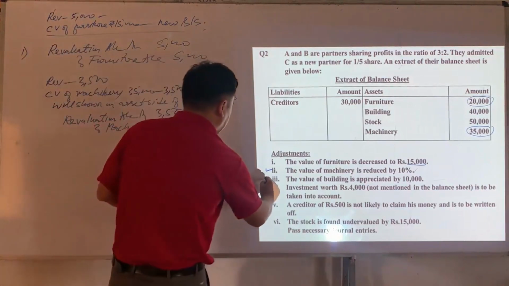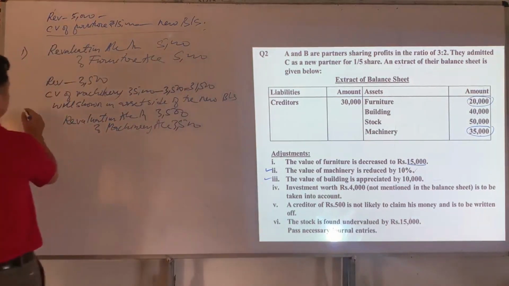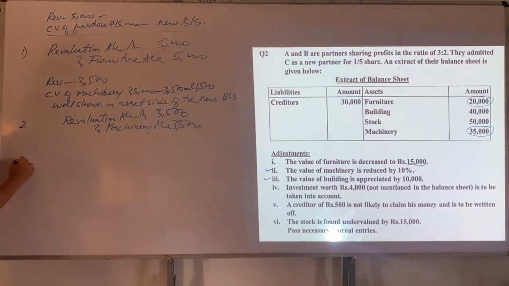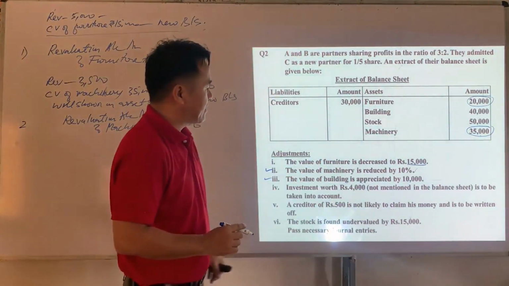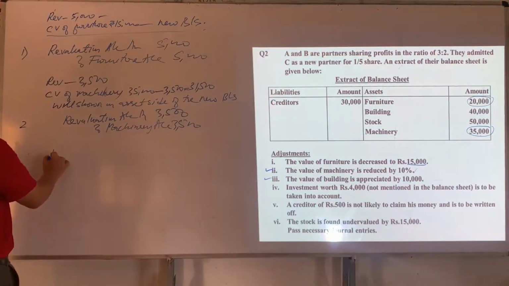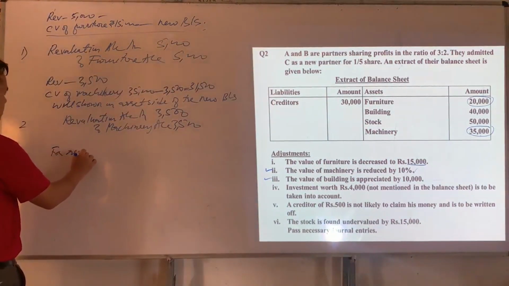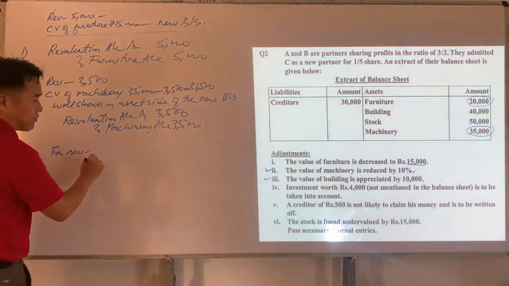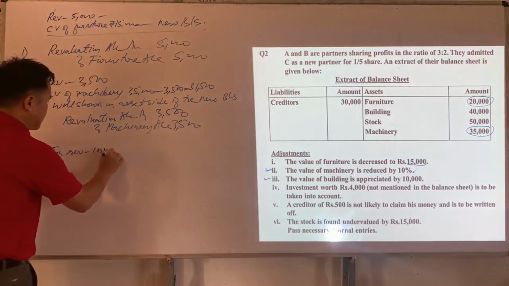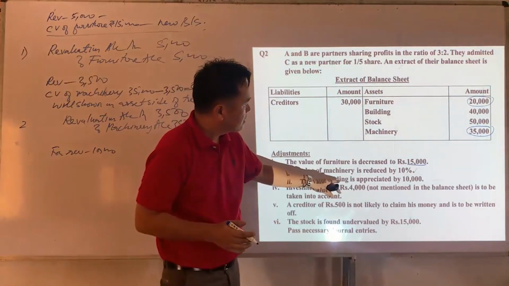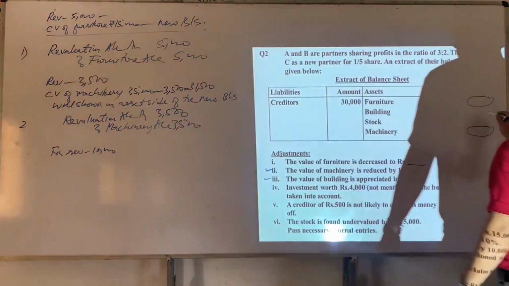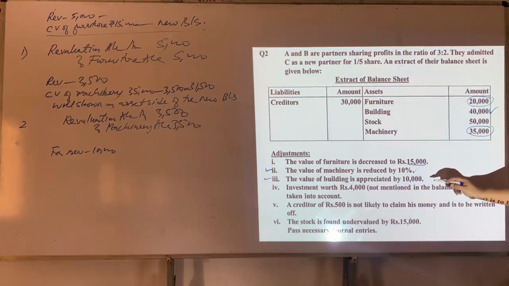Now we'll do the third adjustment. Here the value of building is appreciated by 10,000. Like I said before, for revaluation, we need to take the difference amount. The difference amount is 10,000. So now tell me, what is the current value of building? Here the book value of building is 40,000 and it has been appreciated by rupees 10,000.